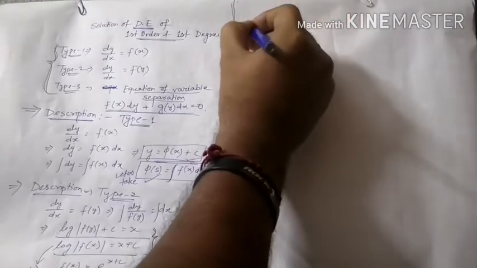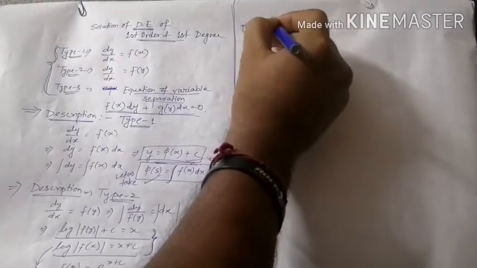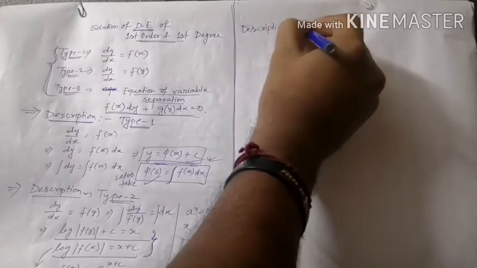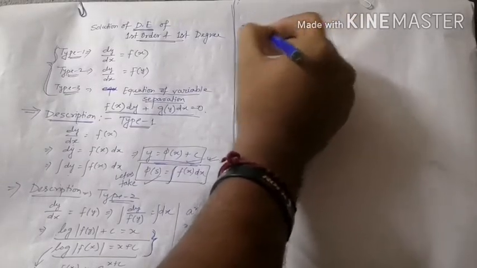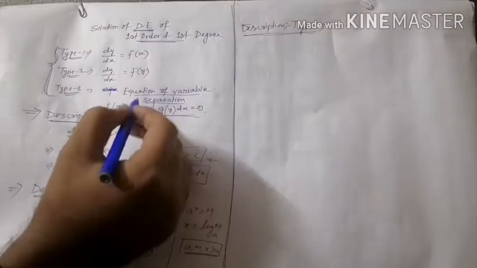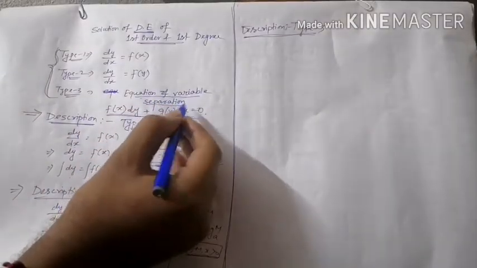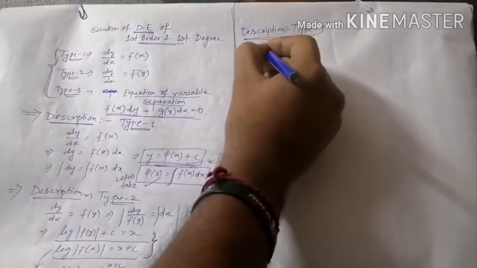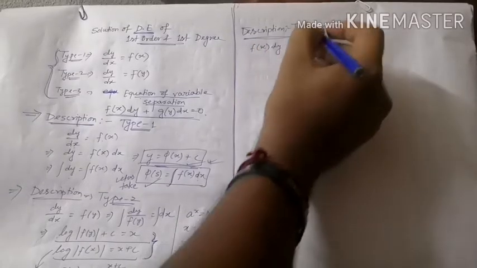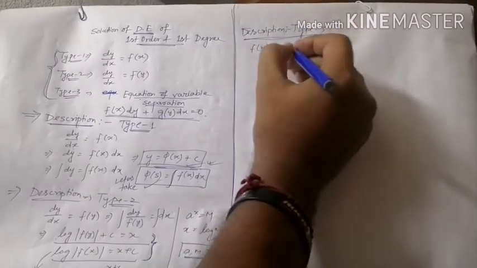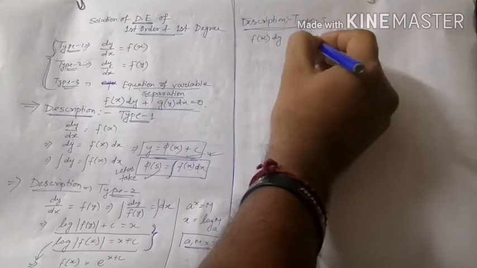Now our description type 3, which is very important, is known as the equation of variable separation, and this type is like that, f of x dy plus g of y dx equals 0.